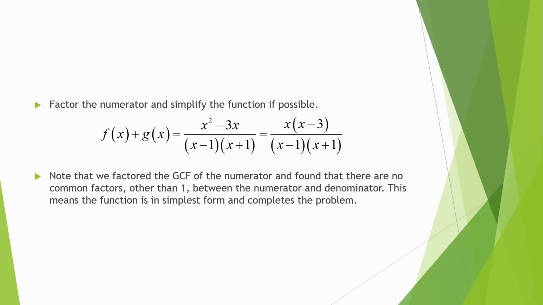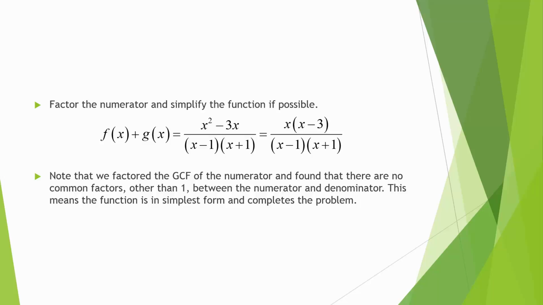Next, we have to try to factor the numerator and simplify the function if possible. So f of x plus g of x is equal to x squared minus 3x divided by x minus 1 times x plus 1. Now we factor the numerator x squared minus 3x by taking the GCF of x out.